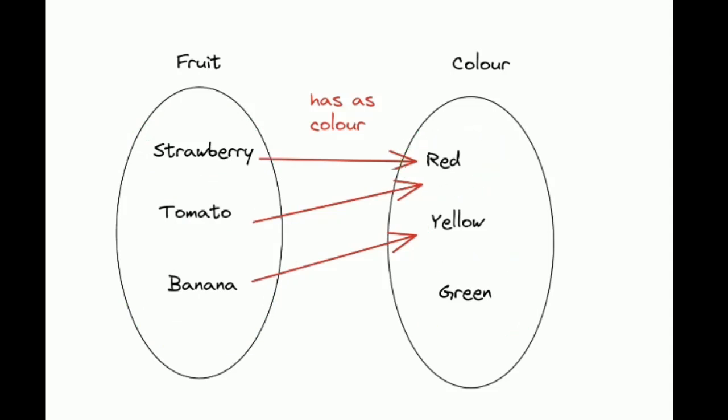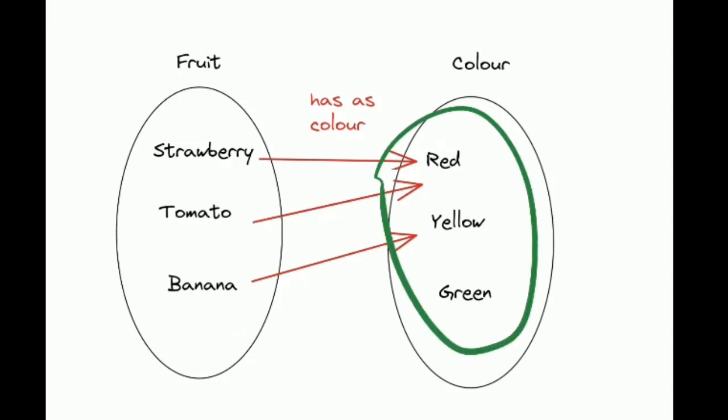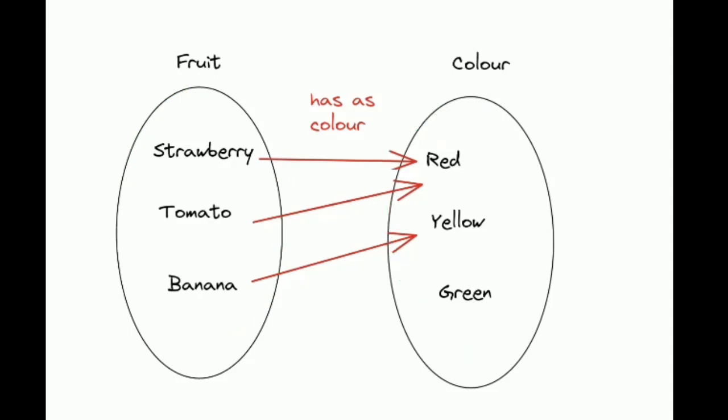And that's all a function has to do. It just has to send each element of the source set to some element of the target set in some way.